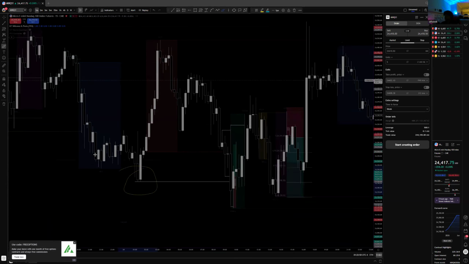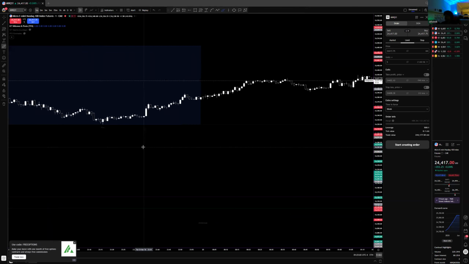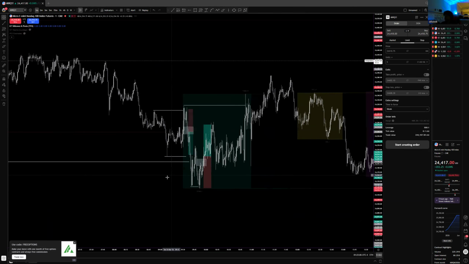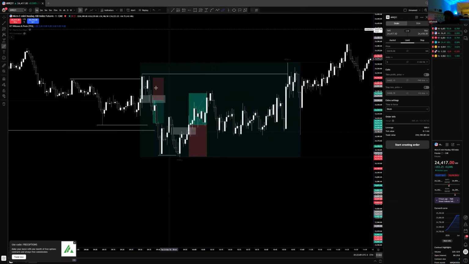So after this, I'm going to the 1 minute time frame. As you can see, price came back down, sweeping these lows, came back up, another sweep of low. This should probably be SMT. And then we got this 1 minute inversion.